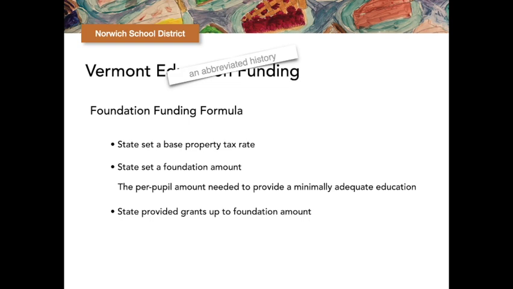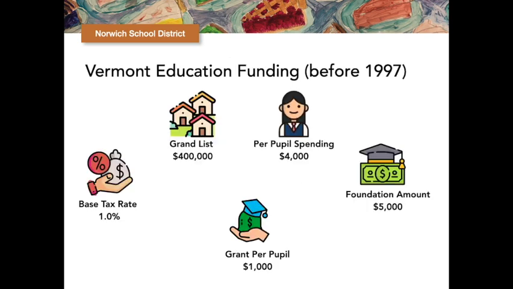The way that this formula worked is that the state set a base property tax rate. It also set a foundation amount. The foundation amount was defined as the amount of money necessary to provide a minimally adequate education. For those towns that were unable to raise the foundation amount with the base tax rate, the state would provide grants to get them up to the foundation amount.